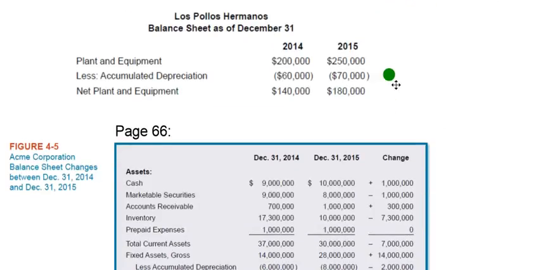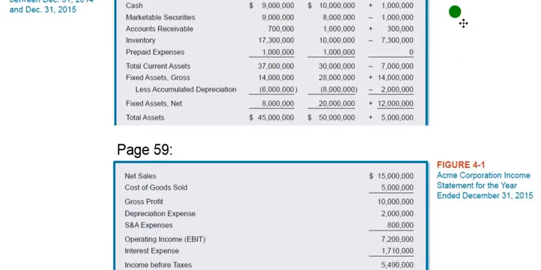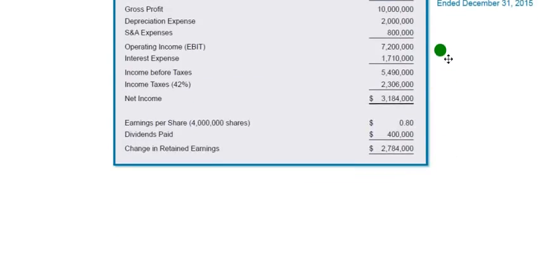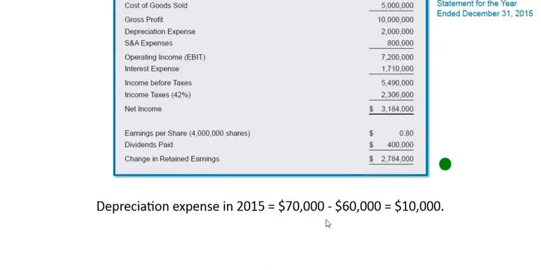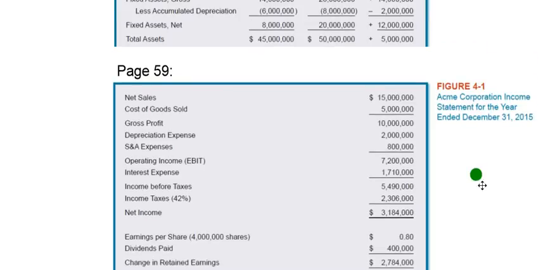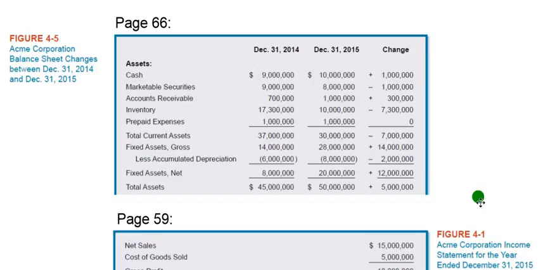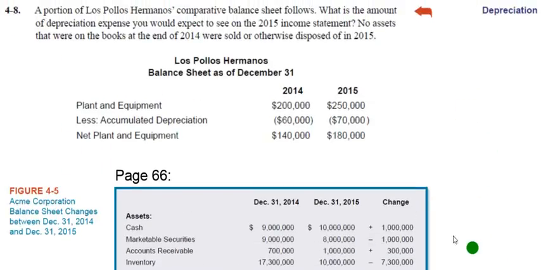And if you want to see the math on that, I think I've got it at the bottom down here. The math on that is pretty straightforward. It's just simply 70,000 minus 60,000 equals a depreciation expense in 2015 of 10,000. So that's problem, I believe, 4-8.